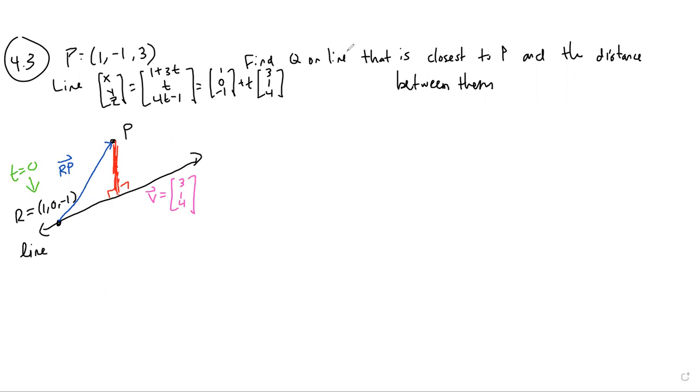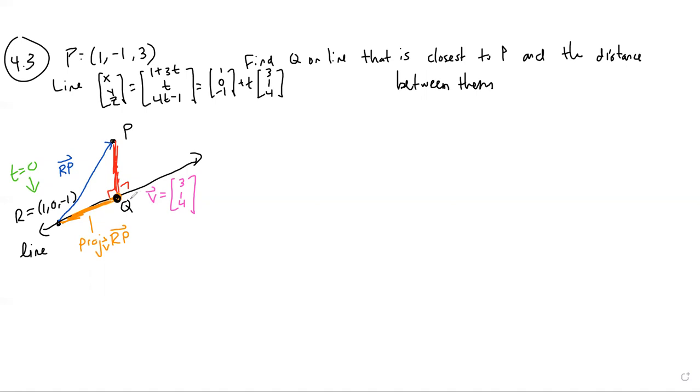And so then what we're going to want to do is basically find the projection of that RP onto the direction vector V, because it's going to find this point Q for us right here. So this is the projection of RP onto V, and that is how we find Q.